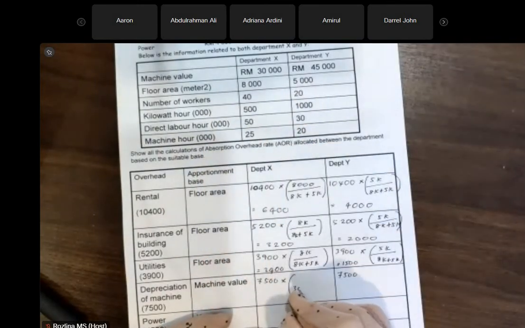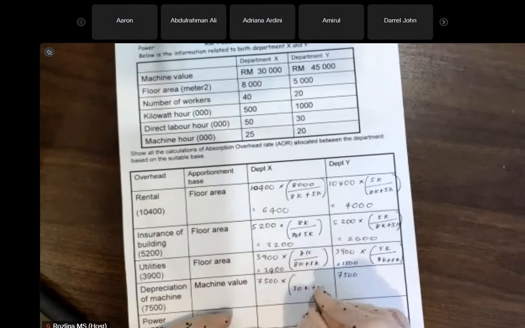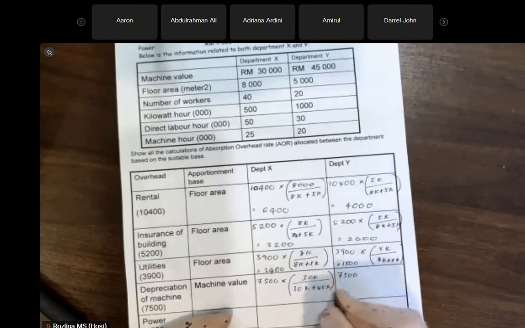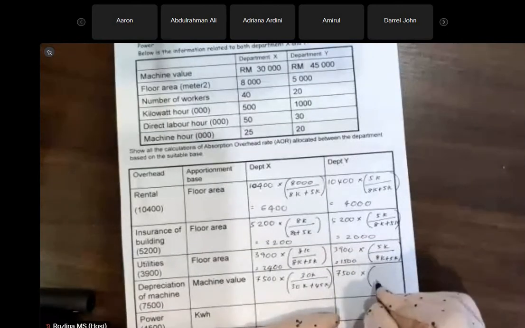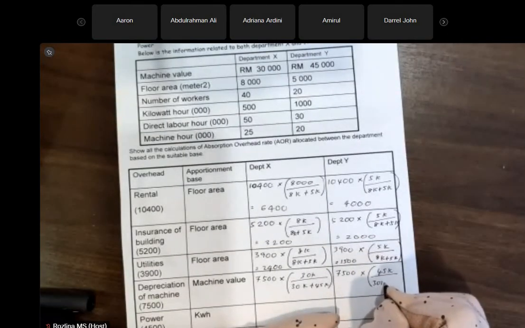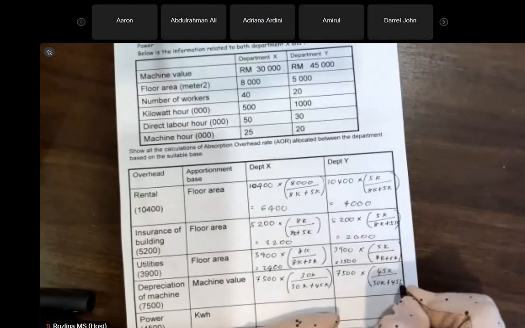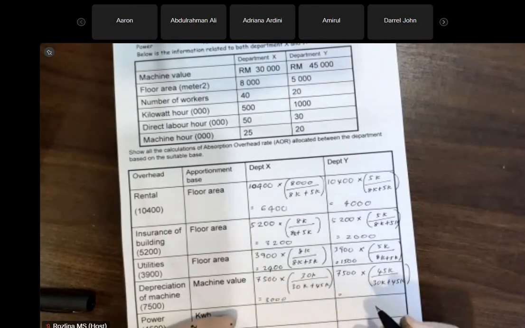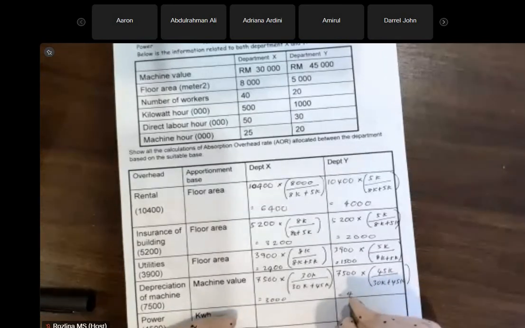It takes the 30 for this one, and the 45 for this one. So we get 3,000 and 4,500.